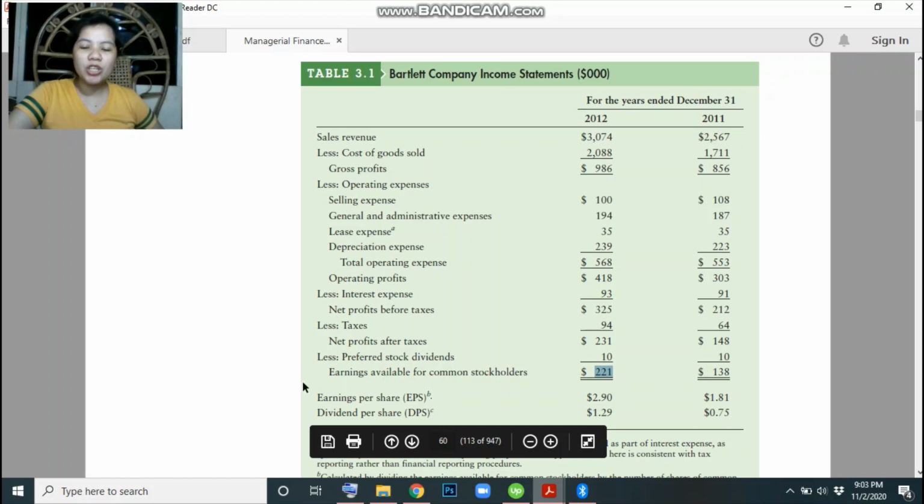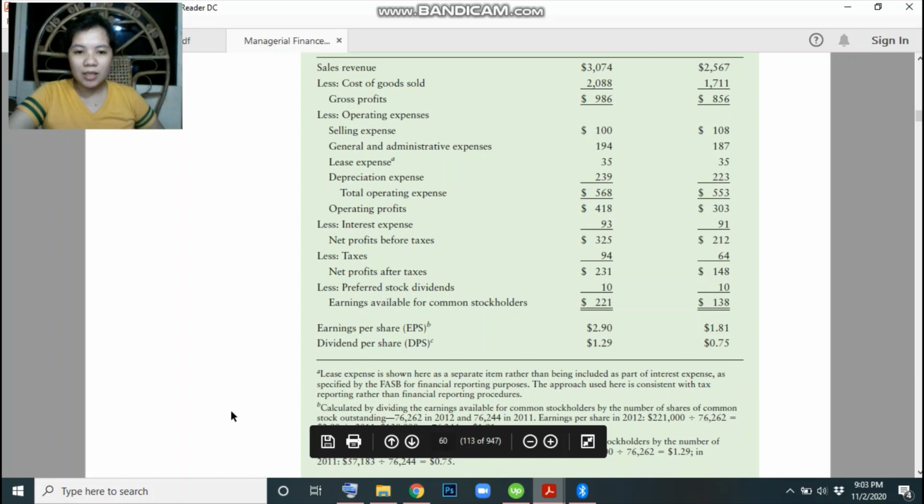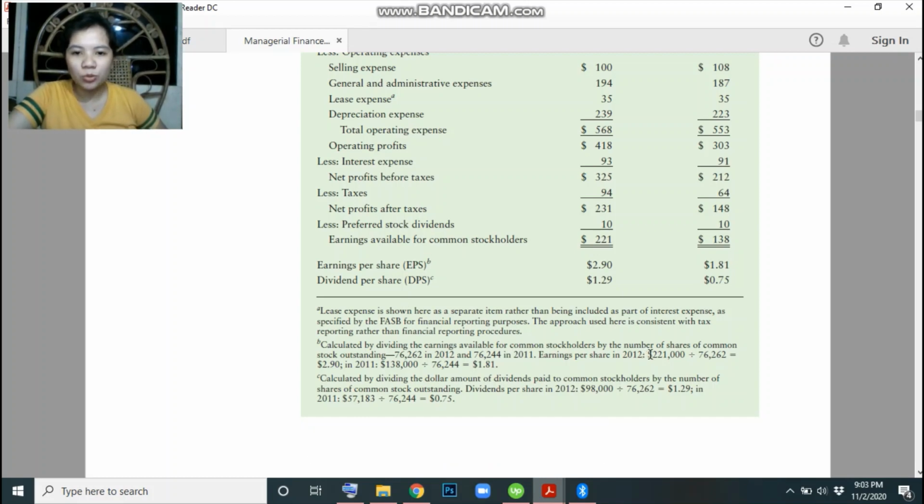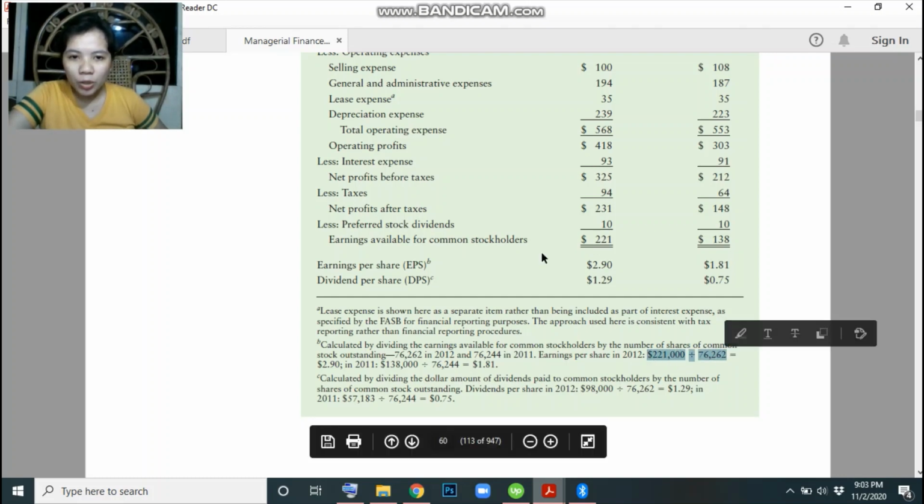Then, from the information diri sa income statement, we can now solve the earnings per share, which we already discussed last time, and the dividends per share. Unsa man gani ning EPS, diri sa ubos o ang notes, gi-show niya pag-calculate ang letter B man ang EPS. Gi-show niya pag-calculate ang earnings per share sa 2012. That is 221,000. Sa aha man nagikan ang 221,000?